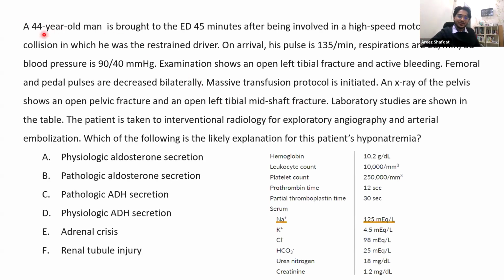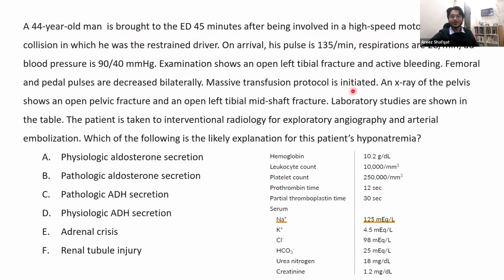So now, let's move on to electrolytes. A 44-year-old man is brought to the ED 45 minutes after being involved in a high-speed RTA in which he was the restrained driver. On arrival, his pulse is 135, he's tachypneic, he's tachycardic, he's hypotensive. Examination shows an open left tibial fracture with active bleeding, with decreased femoral and pedal pulses bilaterally.